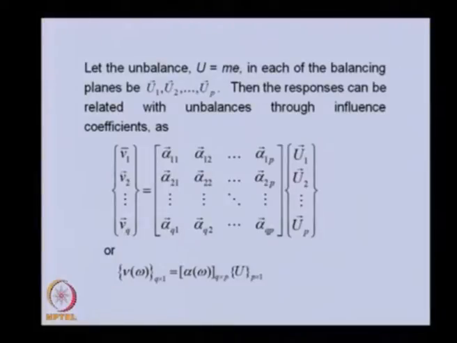So, these responses we are writing in terms of the influence coefficient multiplied by the forces. You can see that this influence coefficient matrix which we have obtained is of size Q into P. P is the number of balancing planes and Q is the number of measuring planes. This influence coefficient is a function of speed, because we already saw how the influence coefficient changes with speed.